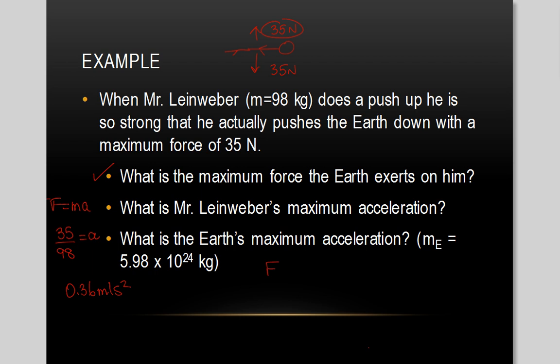So the force of me on the Earth, so Lineweber on the Earth, equals ma. I know the force is 35 newtons down. What's the mass of the Earth? 5.98 times 10 to the 24. That number you could find on your data sheet. On the back of the data sheet there's a list of constants.